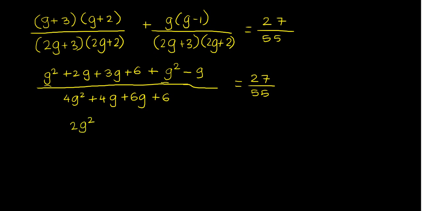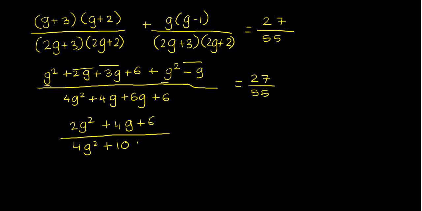A lot of g's going about. 2g plus 3g, that's 5g, minus 1g, that's 4g, plus 6, over... the denominator is a bit simpler, so 4g squared plus 10g plus 6, and that's equal to 27 over 55.